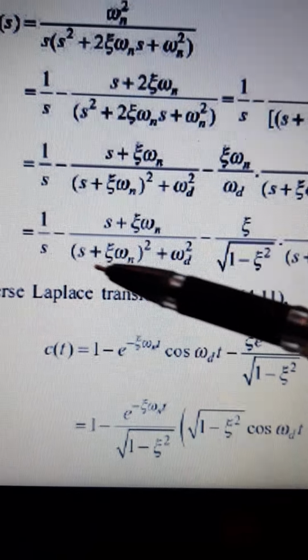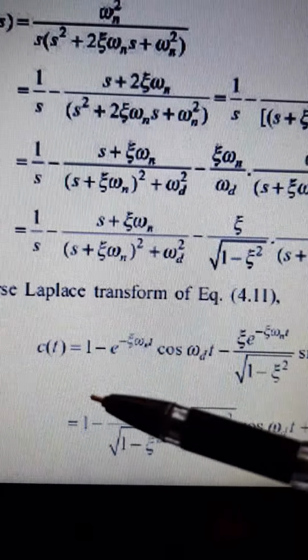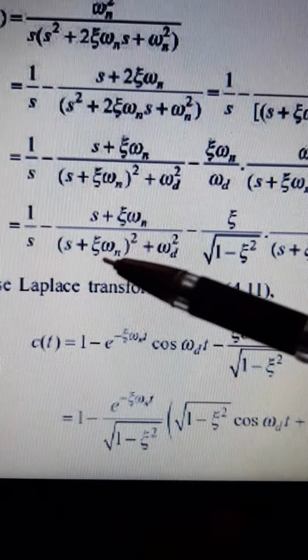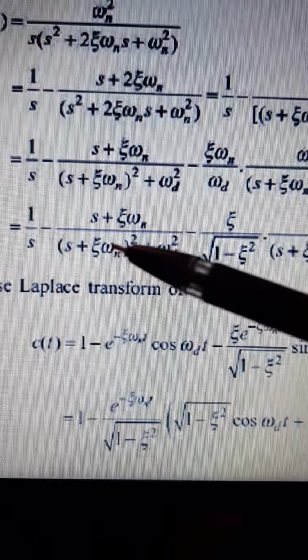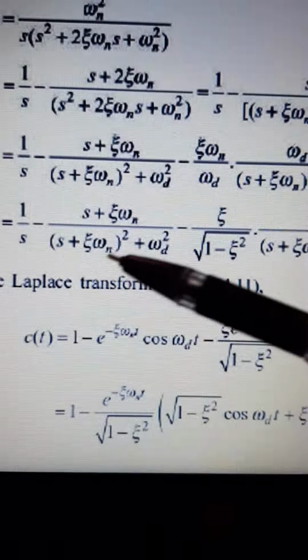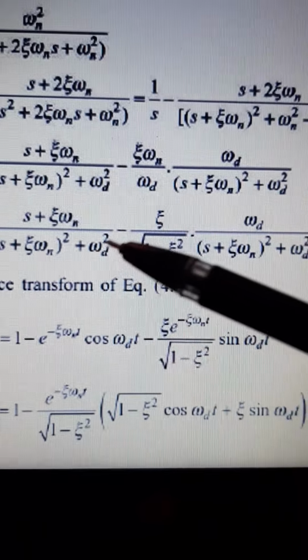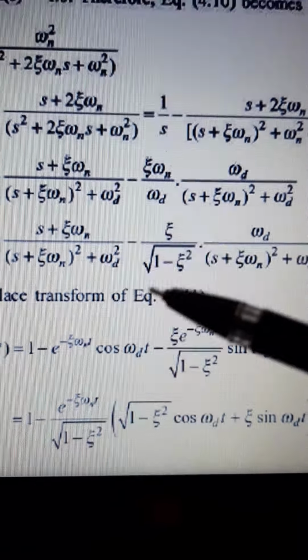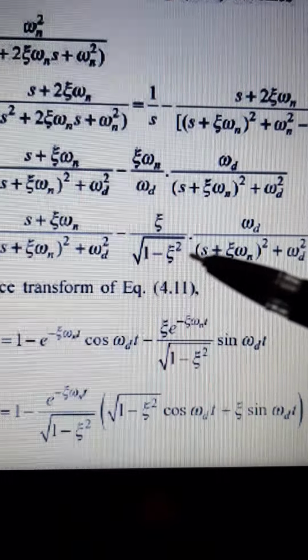It will become e to the power of minus psi omega n t into cos omega d t, minus this term psi divided by square root of 1 minus eta square as it is.